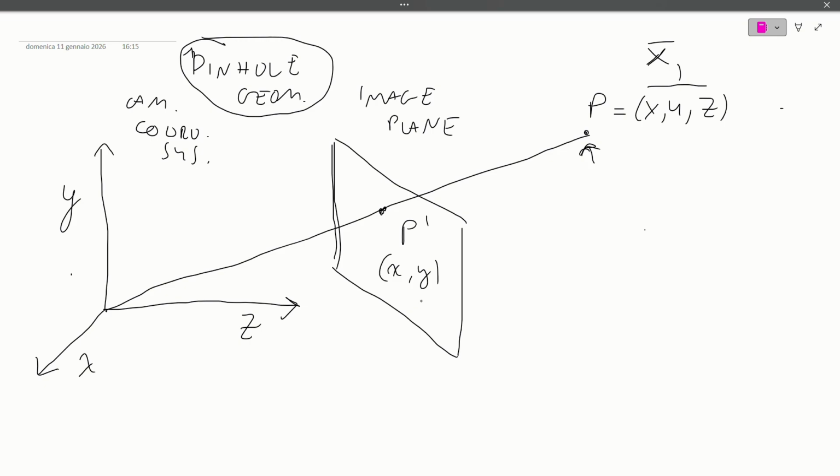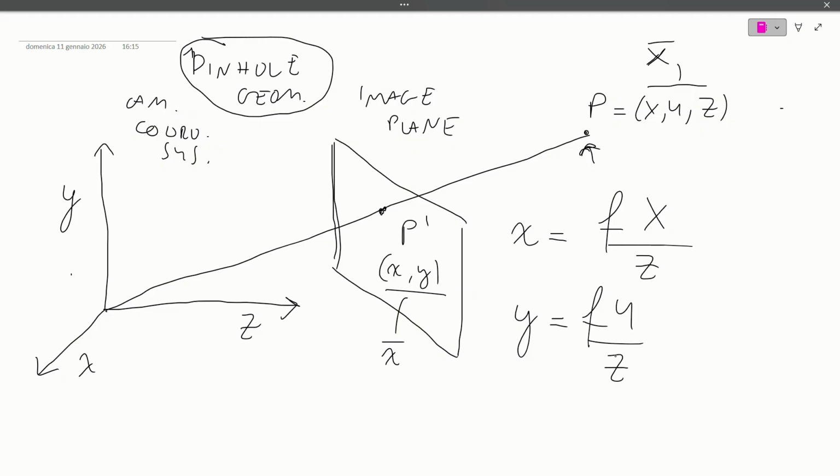We can say that x and y are a vector, the vector small x. Now, from the pinhole geometry, we know that x is equal to f multiplied by big X divided by z, and small y is equal to f multiplied by big Y divided by z, where f is the focal distance.